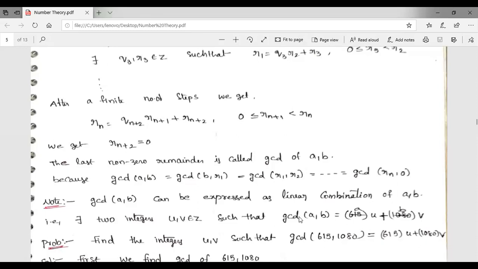This is the condition we use in solving problems.